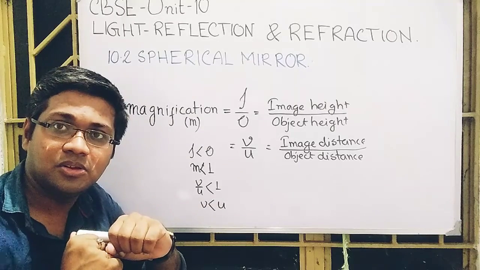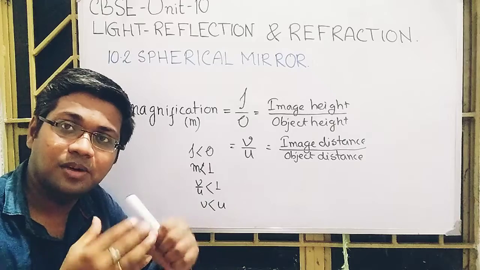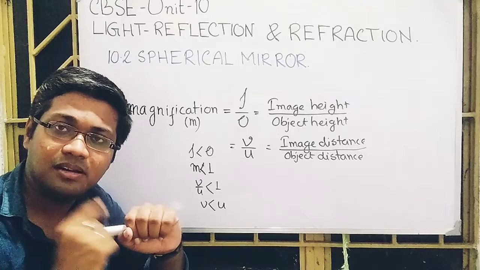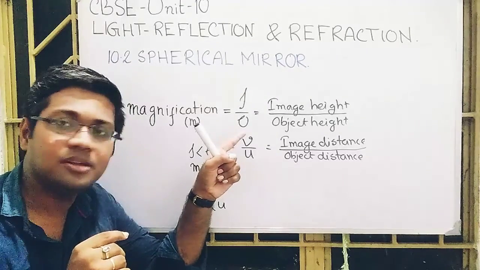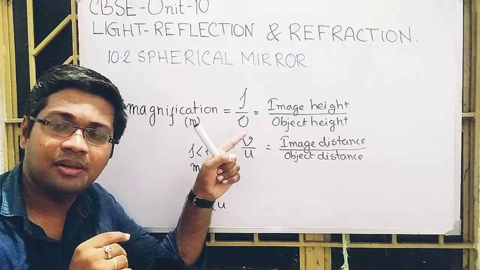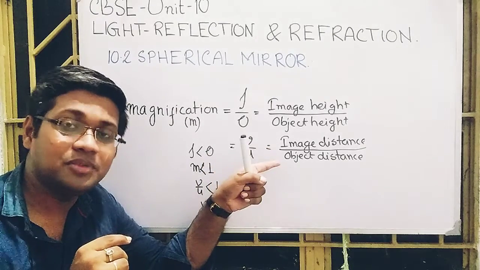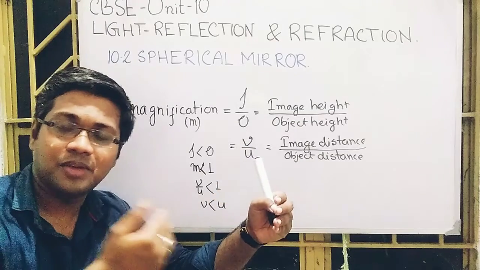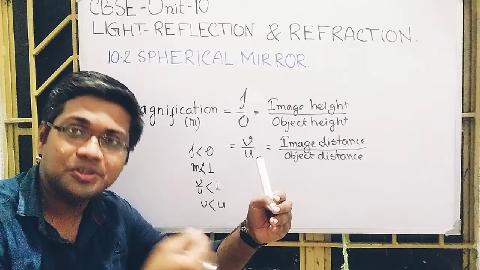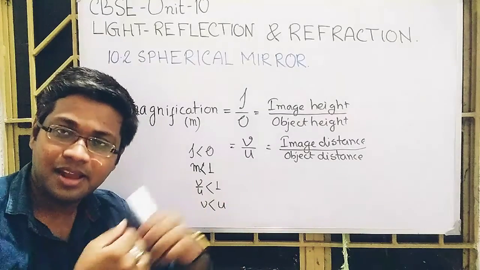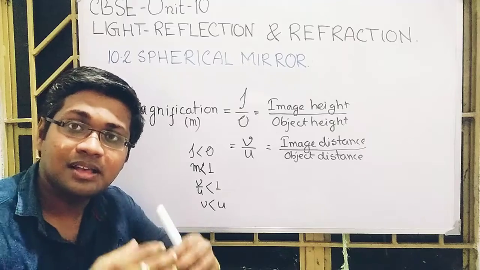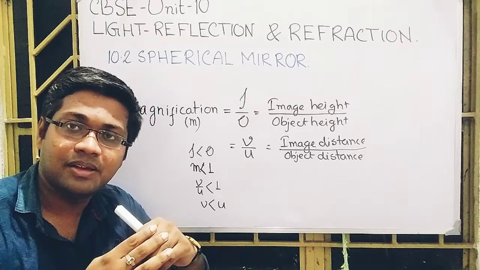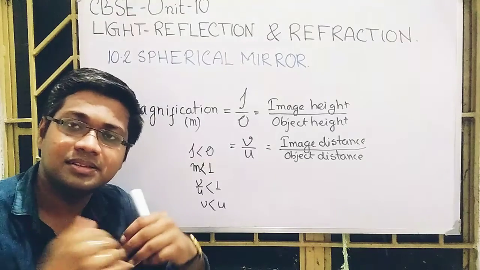Okay? And if m is equal to 1, if image height is equal to the object height, then the image distance should be equal to the object distance, is it? So by placing the object at different positions, we can get different sizes of image, at different distances.